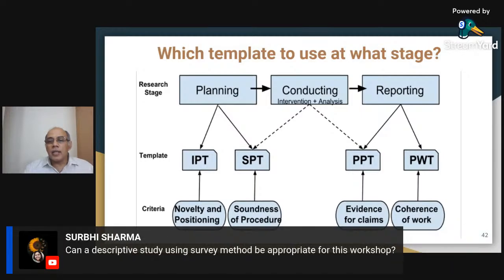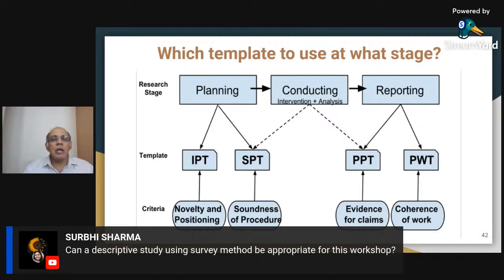Okay. The other question is, can a descriptive study using survey method be appropriate for this workshop? Here again, it depends upon what question you are investigating and how well you have done that investigation. Broadly speaking, yes, you can do a survey, but it cannot be simply saying that, I found 10 papers on this topic, this is what this paper talks about, that is what that paper talks about.